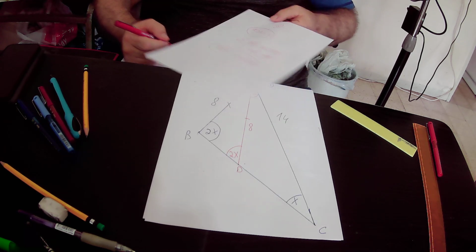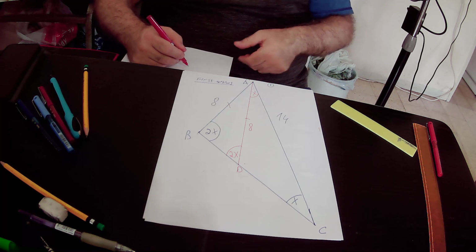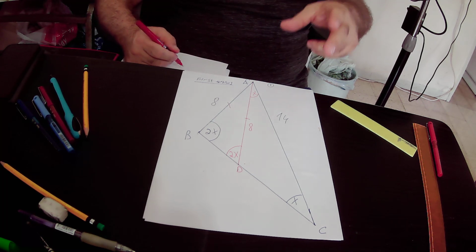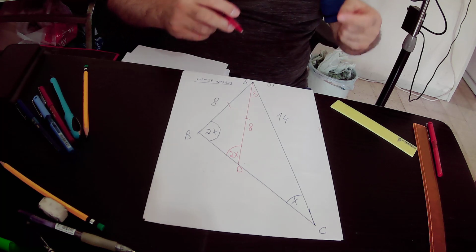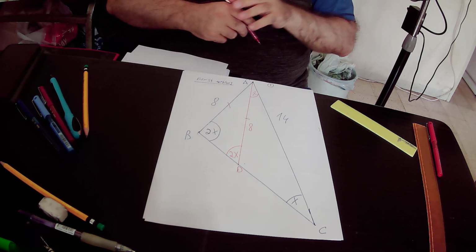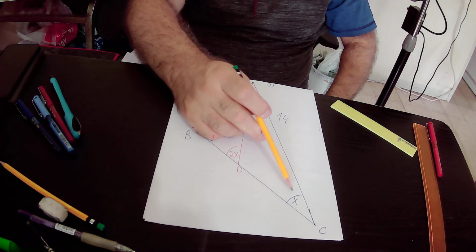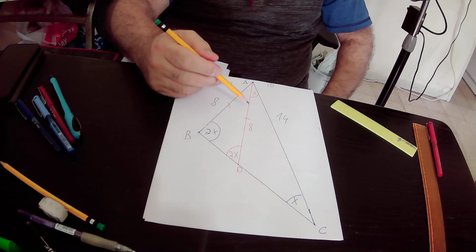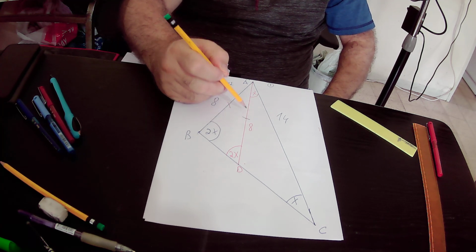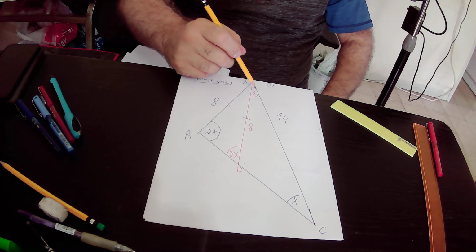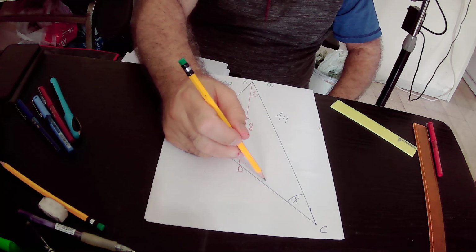So we have rule number 1 that states that in front of equal angles in a triangle we have equal sides. In front of this angle x we have side AD, and in front of this angle x we have side DC.